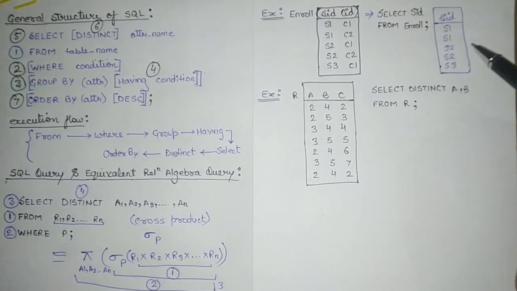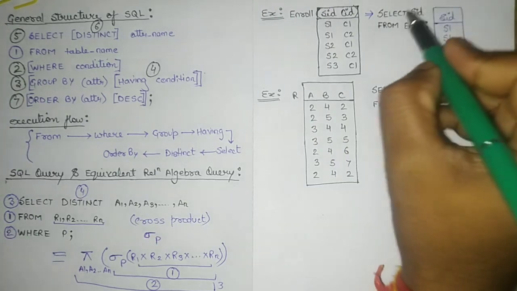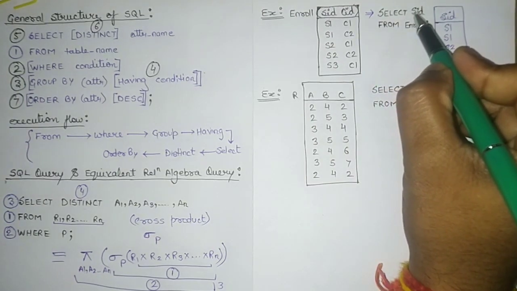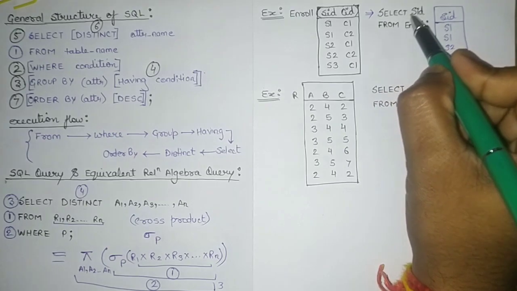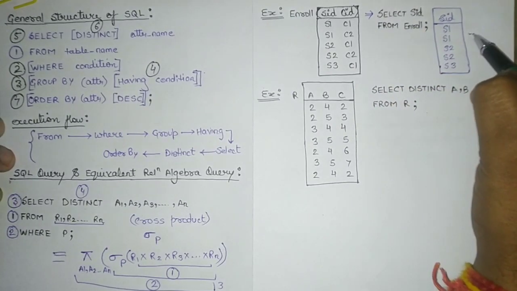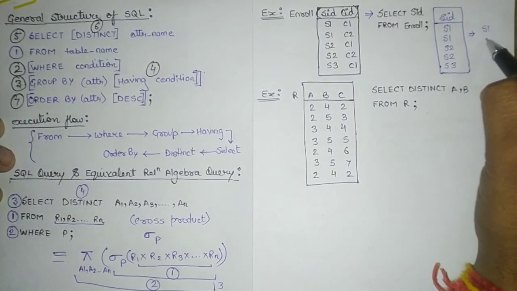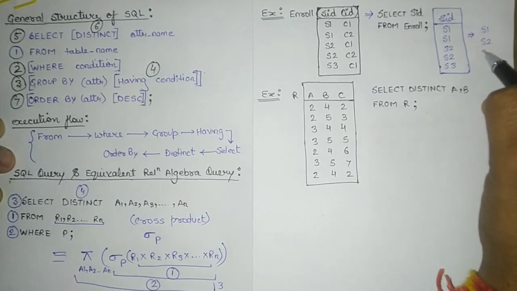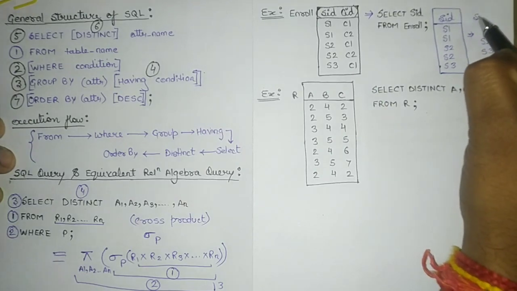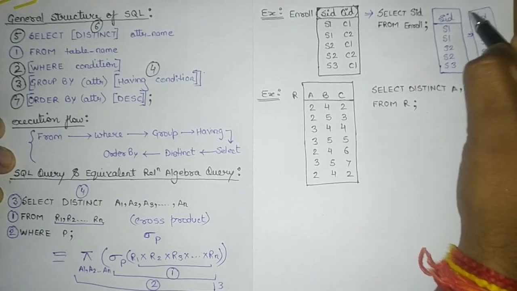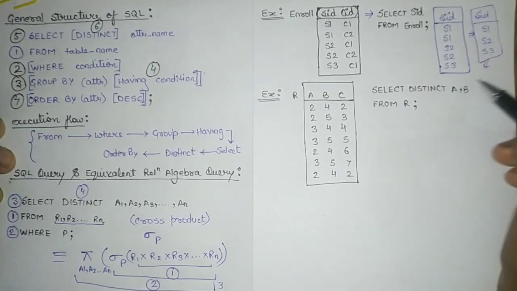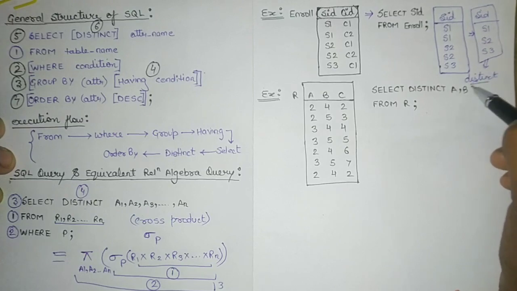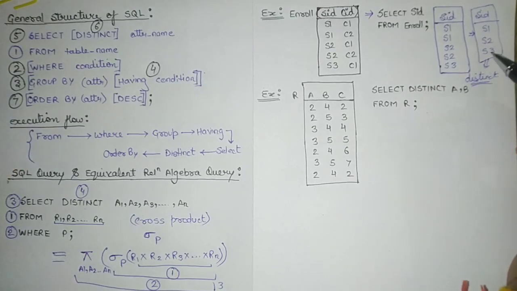This is not the case with relational algebra. But if after this select I have distinct, then I will get the output S1, S2, S3. So if distinct is there, this will be the output, and if distinct is not there, that means this will be the output.